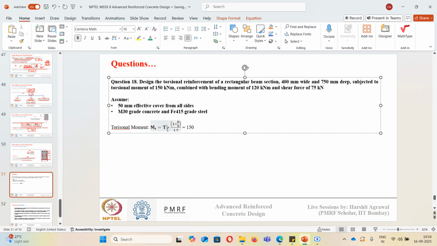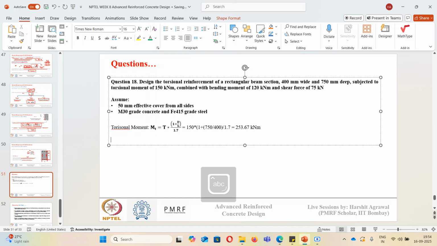So 150 into (1 + D/B), where the total depth is 750 and the width is 400 mm, whole upon 1.7. So Mt will come out to be 253.67 kilonewton meter.